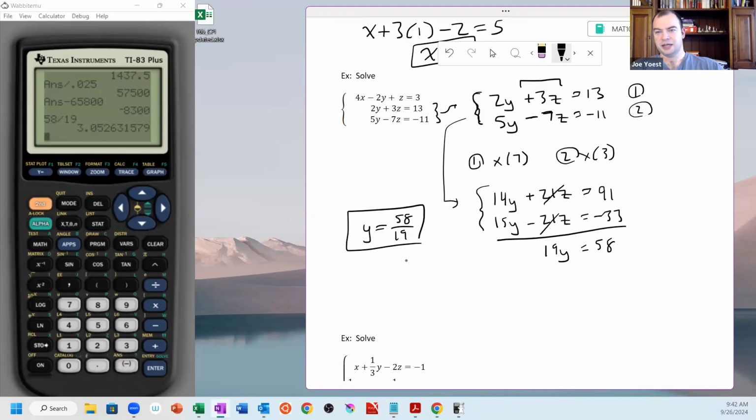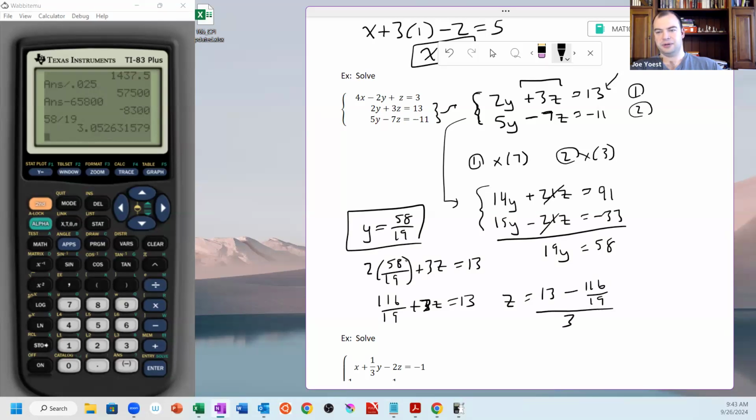And then I can find z, say 2 times 58 over 19 plus 3z equals 13, say from equation 1 up here. So what does that give me? 116 over 19 plus 3z equals 13. And z is going to be 13 minus 116 over 19, all divided by 3.